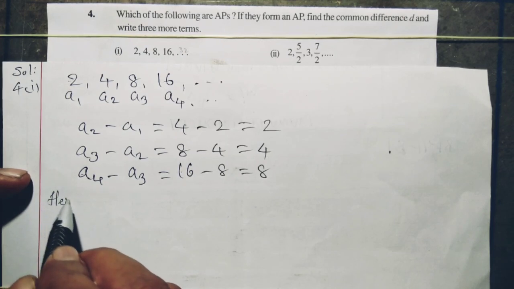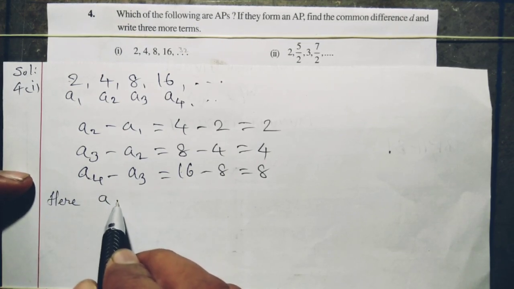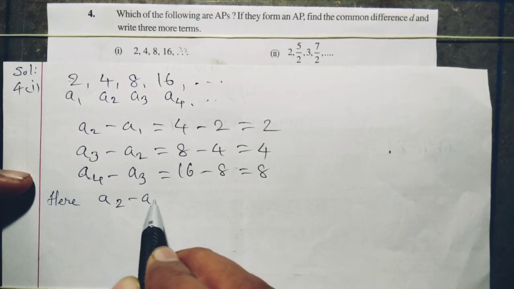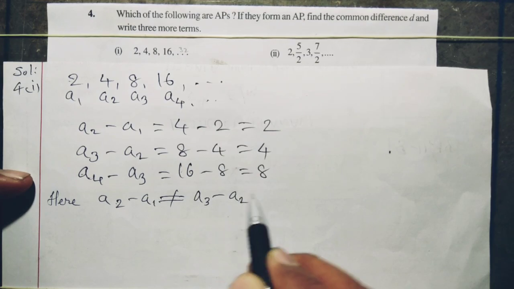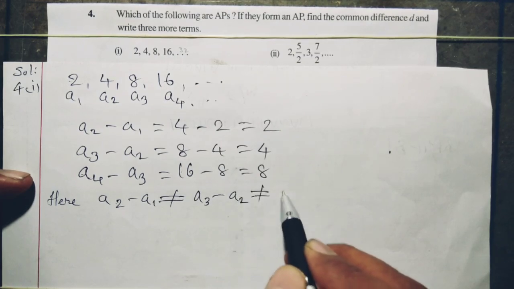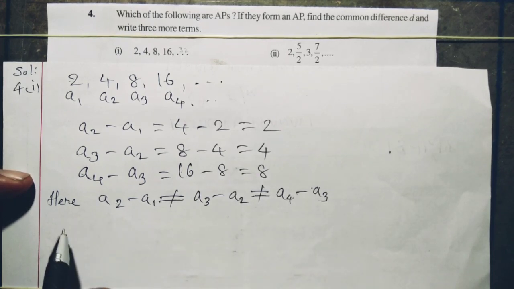Here A2 minus A1 is not equal to A3 minus A2, which is not equal to A4 minus A3.